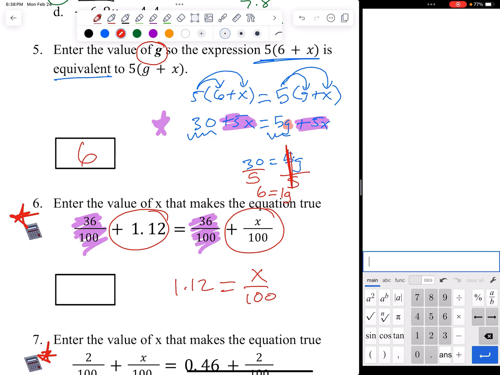How do I turn it into a whole number? Well, the easiest thing to do, I don't care what it is, you multiply by whatever's on the denominator, aka the bottom. So in other words, to get that x by itself, I need to multiply by 100.